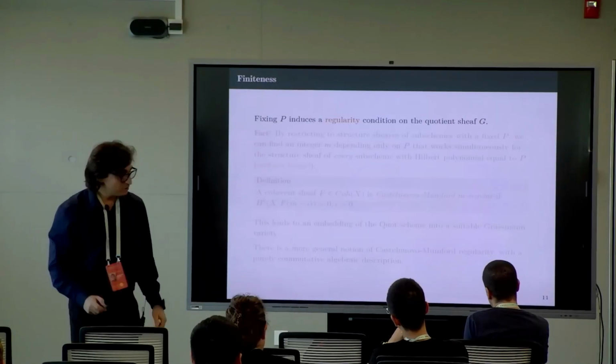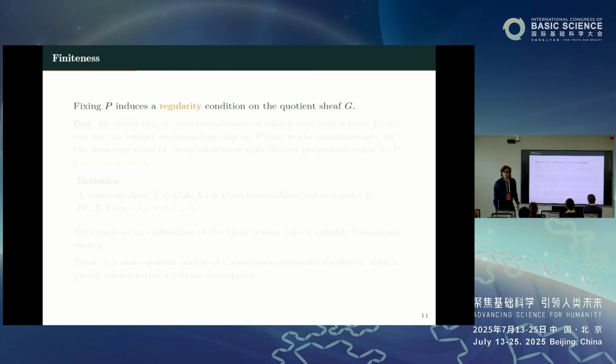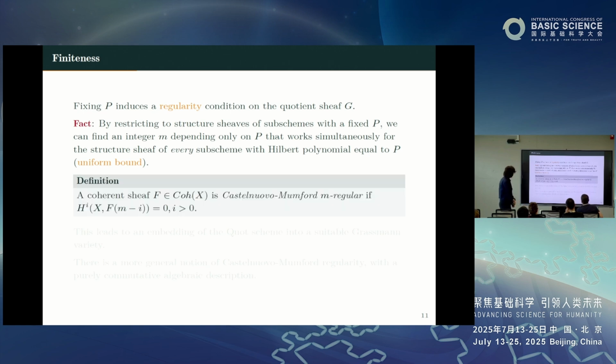All right, so fixing this Hilbert polynomial is absolutely very important. Well, there is this statement which is called the regularity statement. So what is the regularity statement? If you have a coherent sheaf in the abelian category of coherent sheaves on a variety, then there is something called the Castelnuovo-Mumford regularity condition.